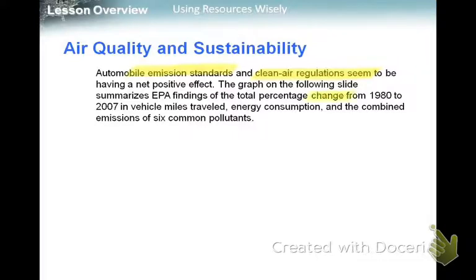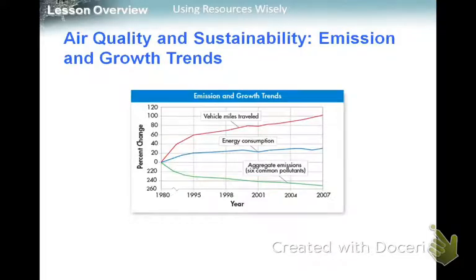You can see the change on the next slide from 1980 to 2007: vehicle miles traveled, energy consumption, and the emissions of 6 common pollutants. What we see here is miles traveled is increasing, energy consumption is relatively stable, and pollutants have gone down.